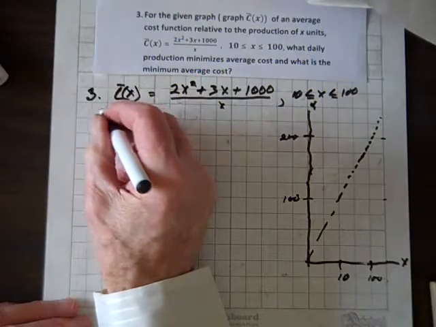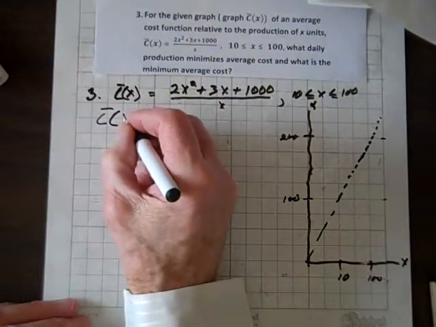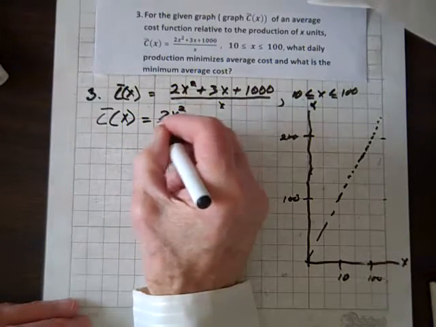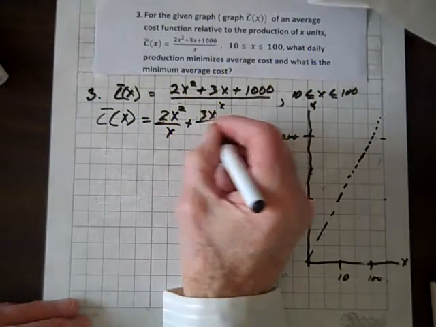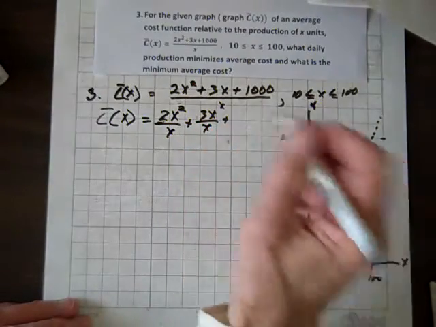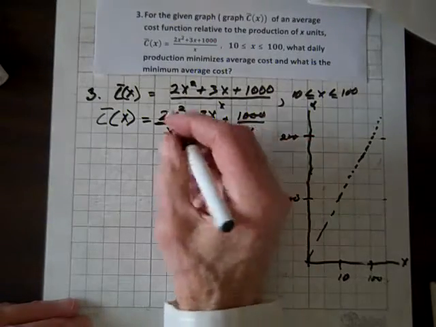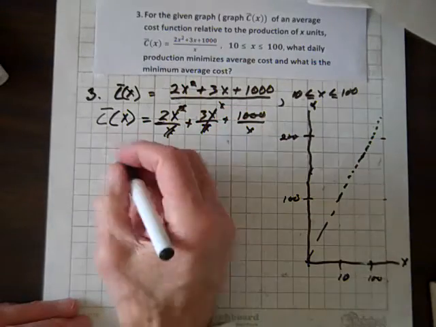Well, the first thing we're going to do is divide each term separately by x. And so we get 2x squared over x plus 3x over x plus 1,000 over x. Well, one of the factors of x divides out here. These divide out.